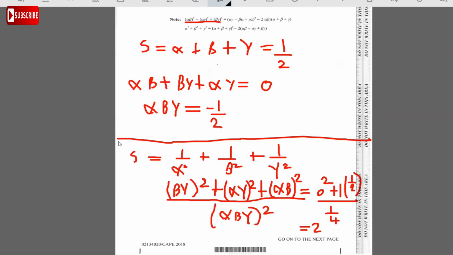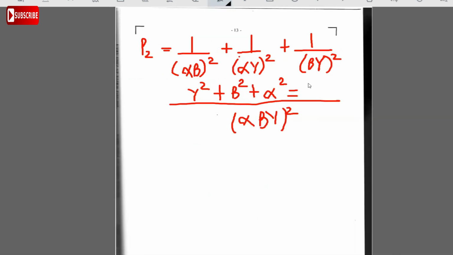Let's check it out. They give us a formula that alpha squared plus beta squared plus gamma squared is alpha plus beta plus gamma all squared, and alpha plus beta plus gamma is a half, so it needs to be a half squared, minus 2 times the pairwise sum alpha beta plus alpha gamma plus beta gamma, which is 0.